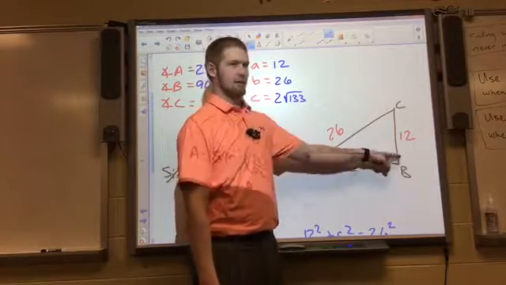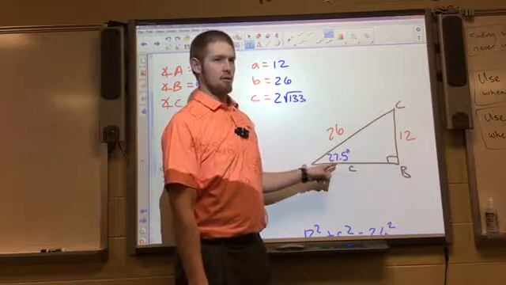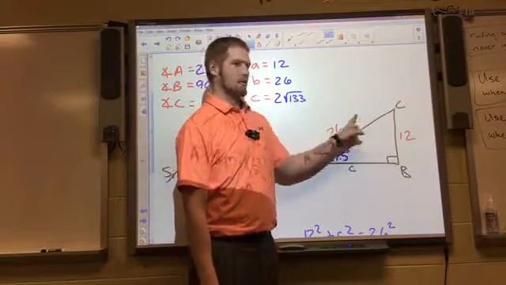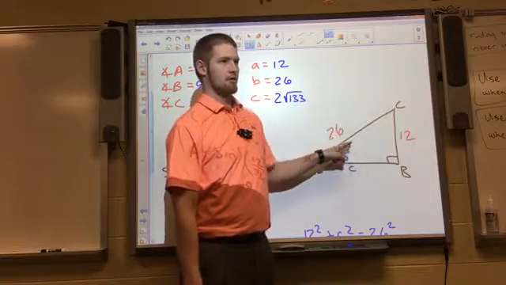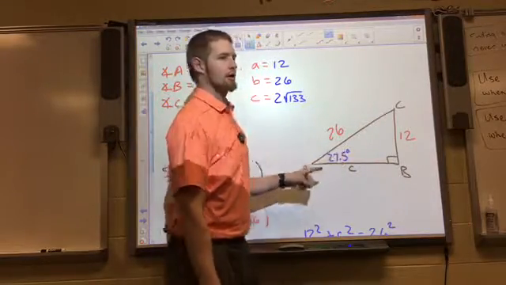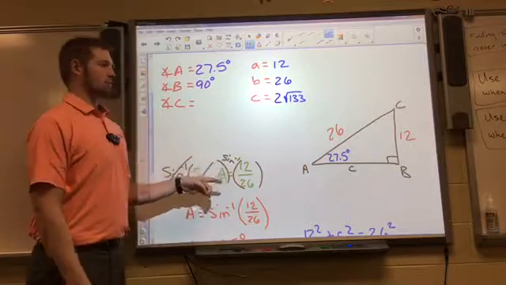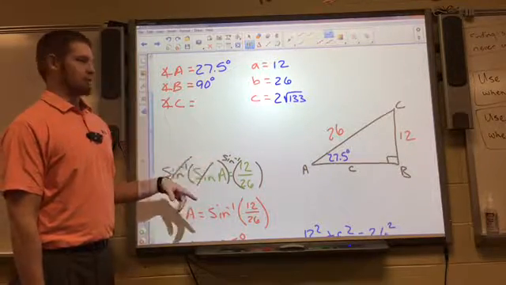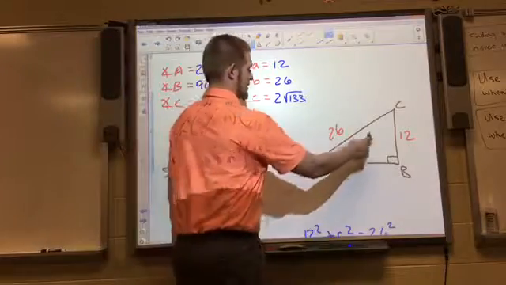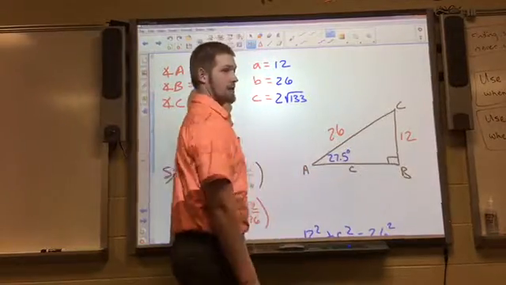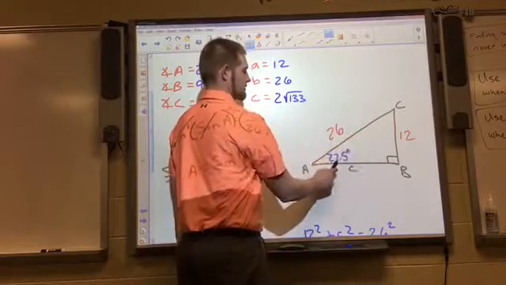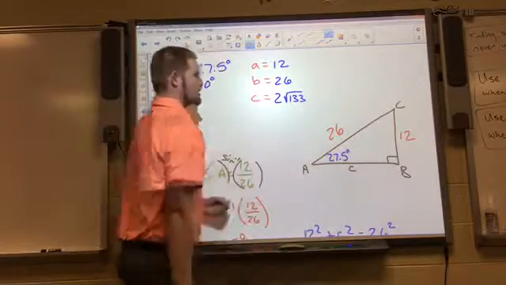They have to be exactly 180, correct? So could I use this one to make sure that they add to 180 and just subtract here? Yes, you could. I'm not going to right now. I'm going to go through this process one more time so we can see it one more time. But you could just take 90 minus 27.5, because these two angles have to add to 90, correct? Because that one's already 90.